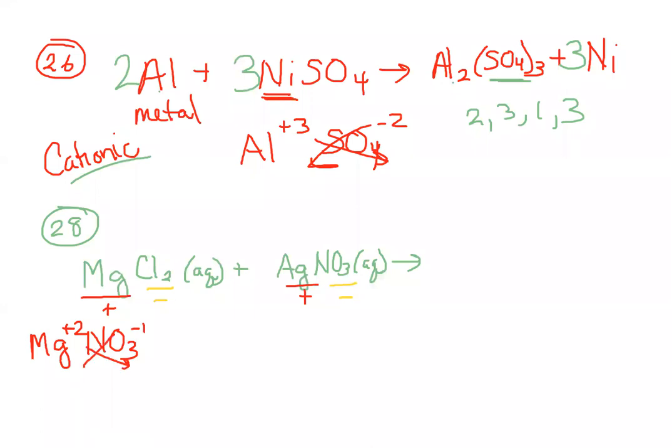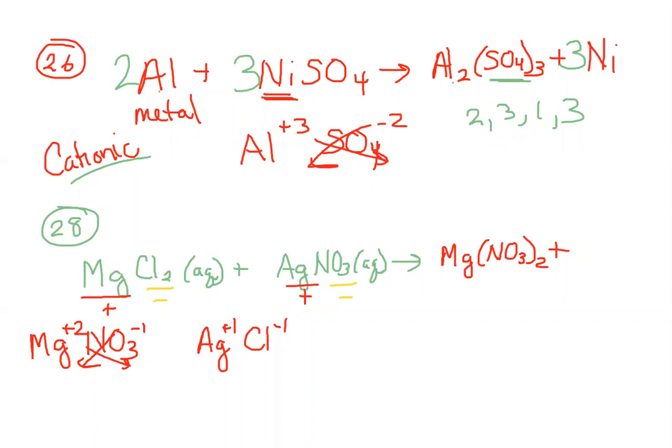So when we go like this, that becomes Mg(NO3)2. And then we're going to put our other positive, which is silver, and Cl. Silver, if you look on the back of your polyatomic ion sheet, has a charge of +1, and chlorine has a charge of -1.